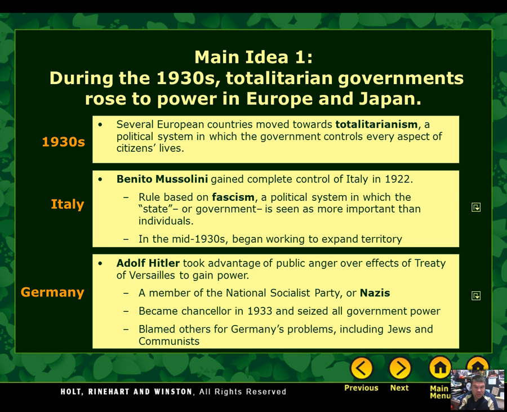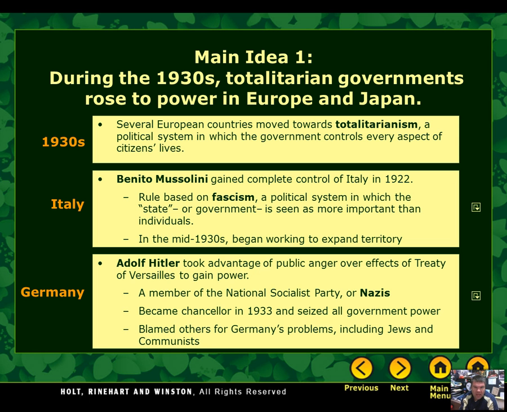So when the Great Depression hits in the 1930s in the United States, it also causes a worldwide depression because a lot of those countries in Europe were receiving money from the United States to help rebuild themselves.